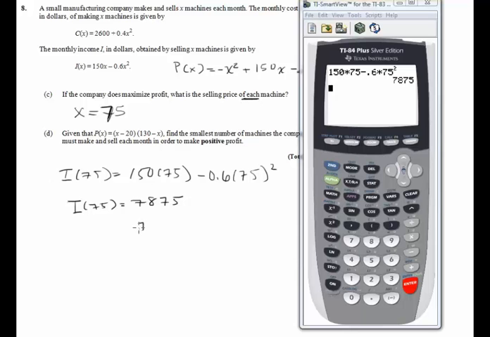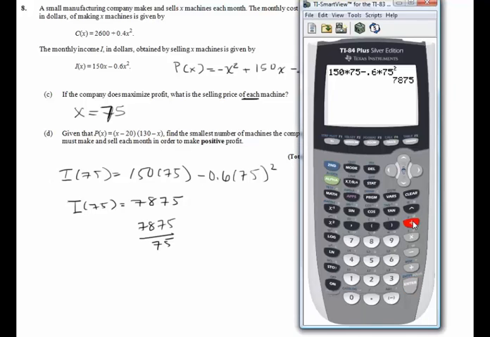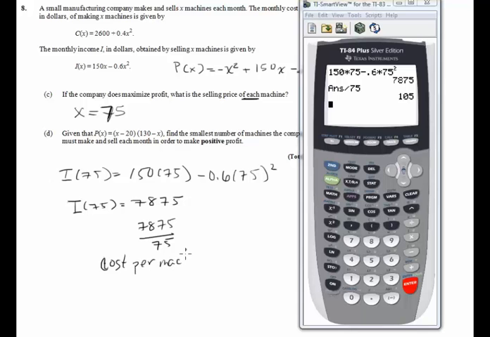We want 7,075 divided by 75. And that tells us that our cost per machine is $105.